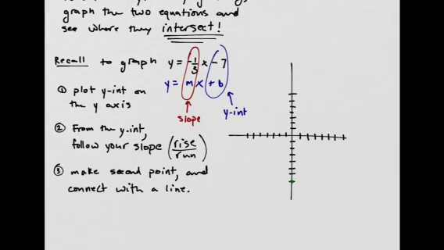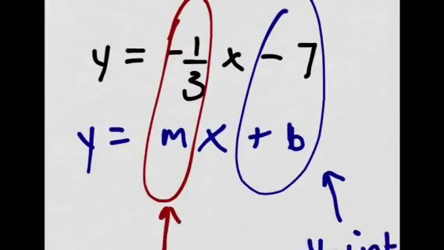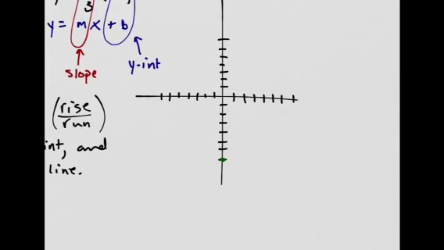And then what's next? From the y-intercept, follow your slope, rise over run. My slope is negative 1/3, so from here I go down 1, that's the negative part, and then I always move to the right. So it'll be down 1 and to the right 3. I'd have to draw another tick mark.